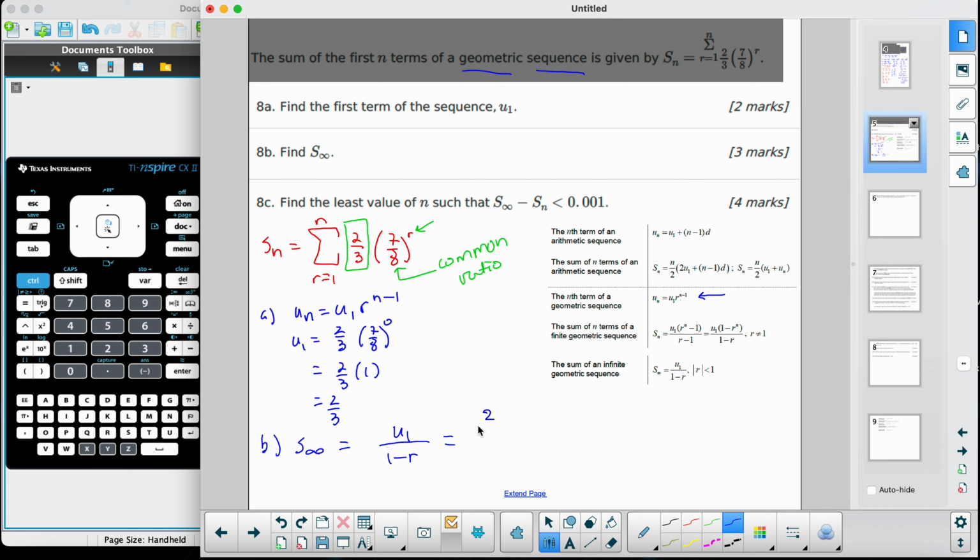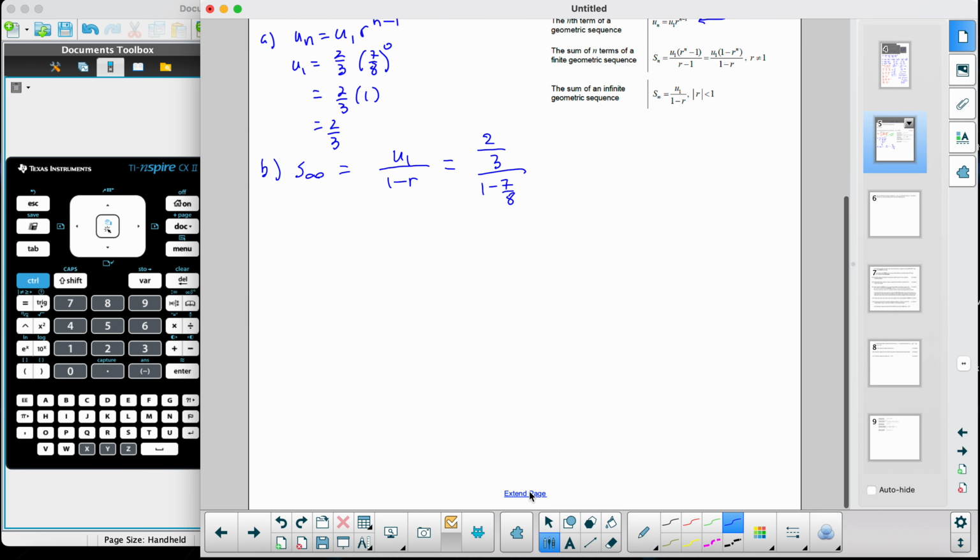So that's 2/3 over 1 minus the common ratio, which is 7/8. That is going to equal 2/3 over 8/8 minus 7/8, which is 2/3 over 1/8, right?